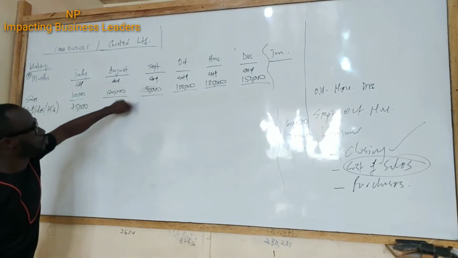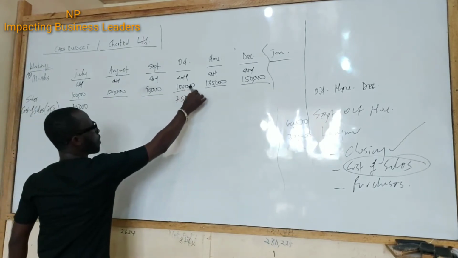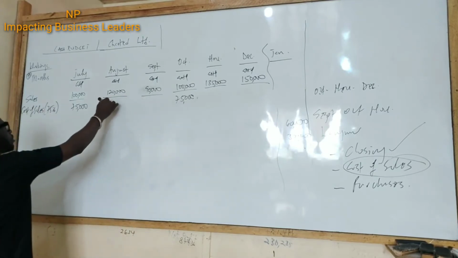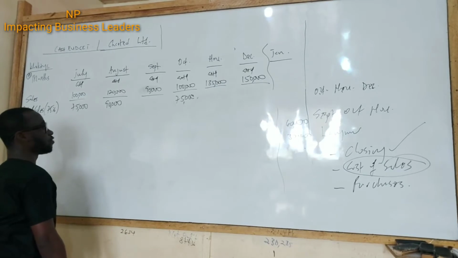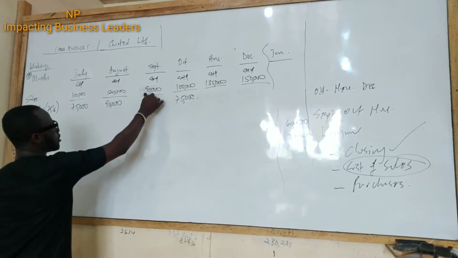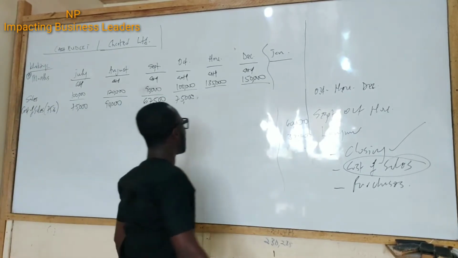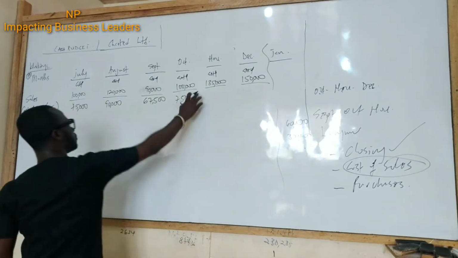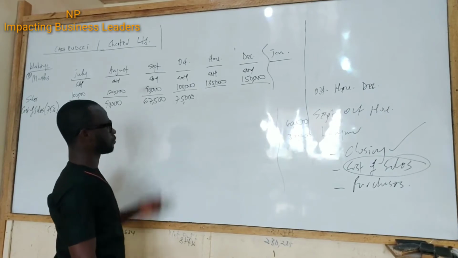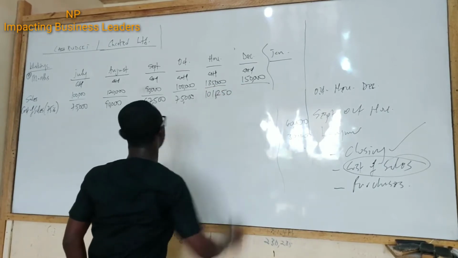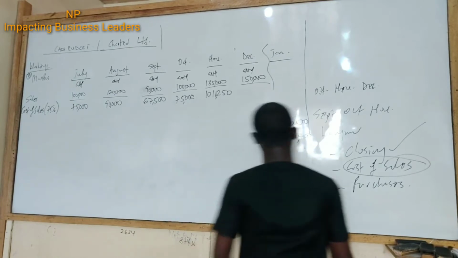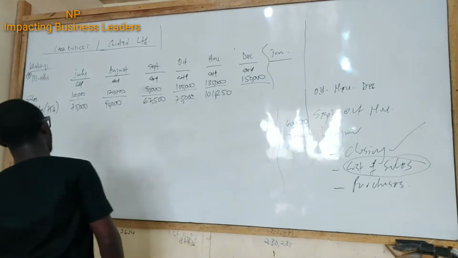75% of 120,000, what do we have? 90,000. 75% of 90,000 is 67,500. Then 75% of 135,000 is 101,250, and 75% of 150,000 is 112,500.